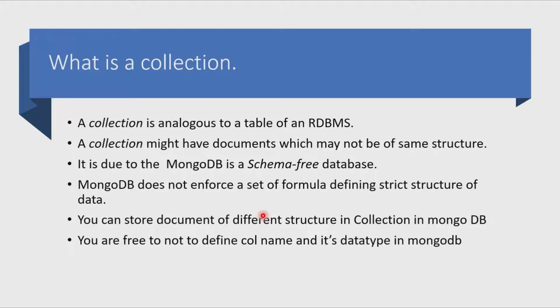In one document you can have two fields, in another document three fields, four fields, and so on and so forth. So in MongoDB, you are free to define your column names or the data types, but the same is not true in RDBMS.